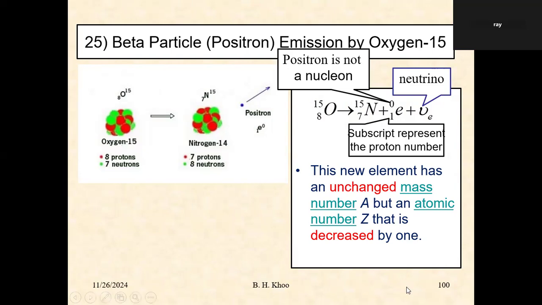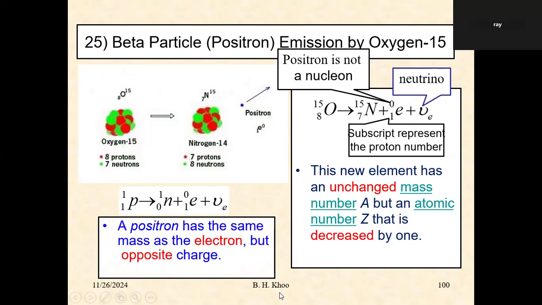For beta minus, it's an increase. Your neutron changes to a proton. So here we can see that it is a proton changing to a neutron.